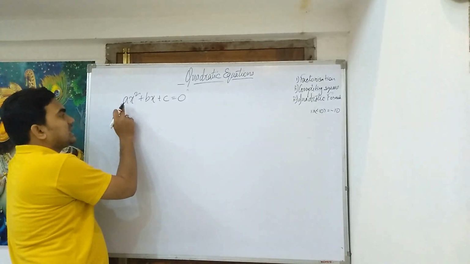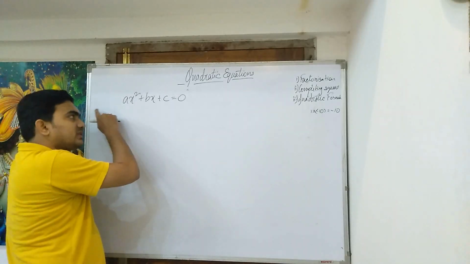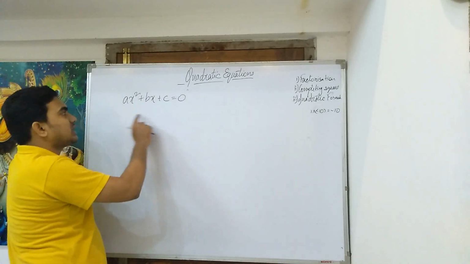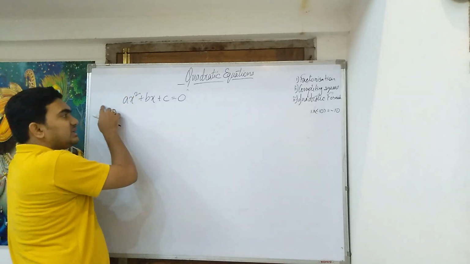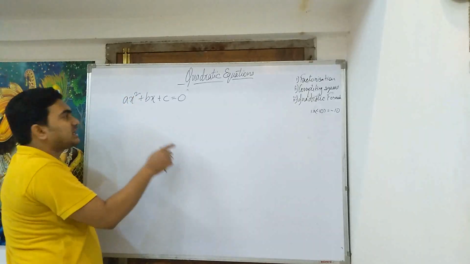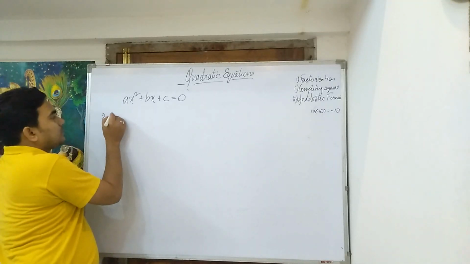Since we have this a which is not a square, either we will multiply the whole equation with a so that we come across a square x square, or we will divide the entire expression by a so that this a is cancelled out. So it's better to multiply.